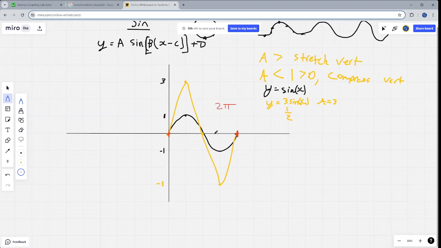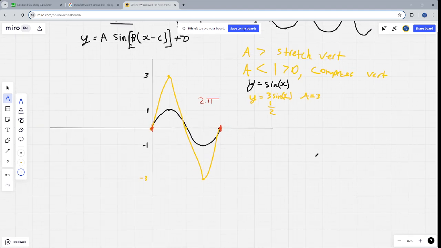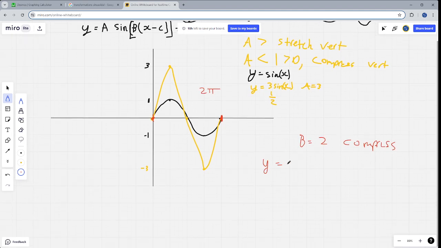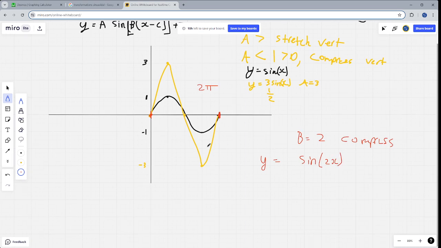If we wanted to make it a shorter one, like let's say compress it by 2, we would make our b value 2, and it would compress by a factor of 2. So what does that mean? So let's look at a graph that looks like that. So y is equal to sine of 2x, right? That means that our period now is going to go from here, and instead of being 4 squares wide, 1, 2, 3, 4, it's compressed by a factor of 2.